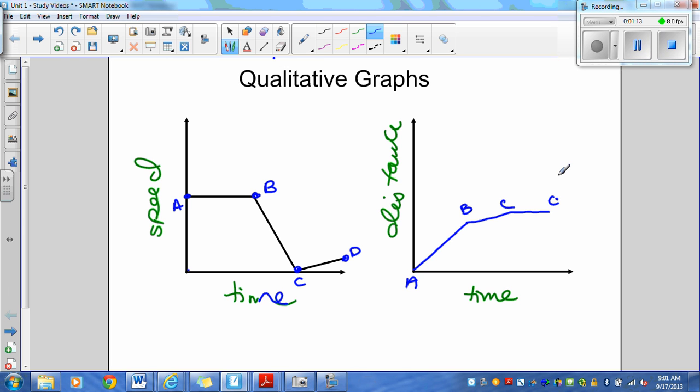And then you are increasing your speed at D. And so that's what the graph looks like if you're talking about distance. Constant speed, so you're moving, slows down, then stops, and then increases the speed.